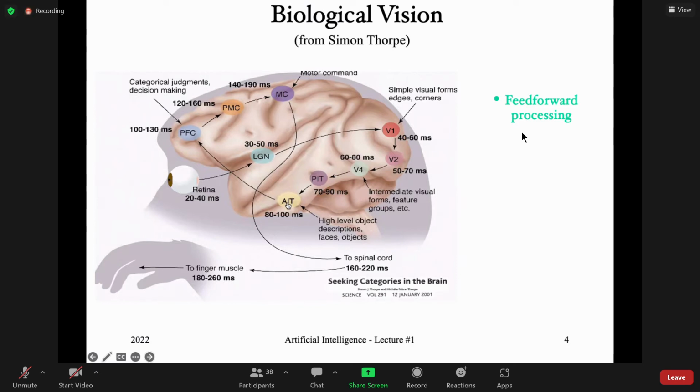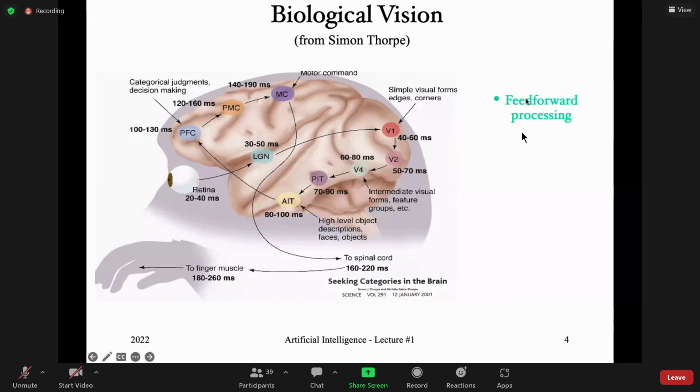So as we can see here, it's a feed-forward processing. It means that the information comes from the outside and arrives on the first layer. From the first layer, we go to the second layer, and so on. As we can see here, we don't come back. It's always from here to here, from here to here, and so on.